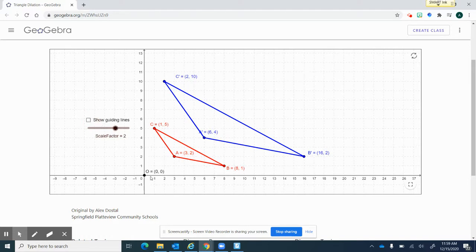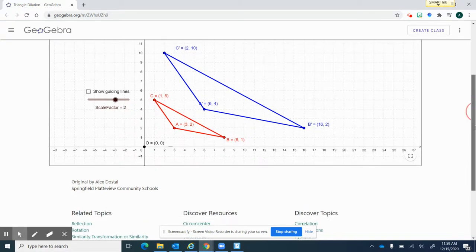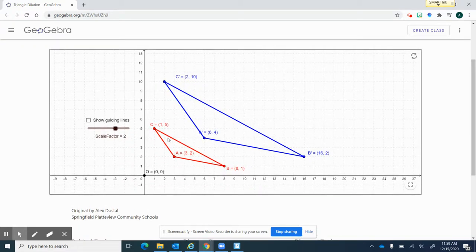So we're dilating from the origin, like we talked about, that center of dilation. But what we would see here is that, again, this enlargement shows that the lengths of these sides are also going to be double the lengths of the original sides, just like the coordinates are doubled on that.